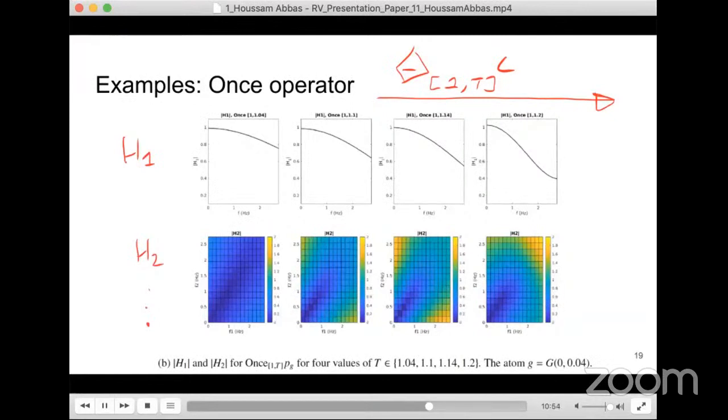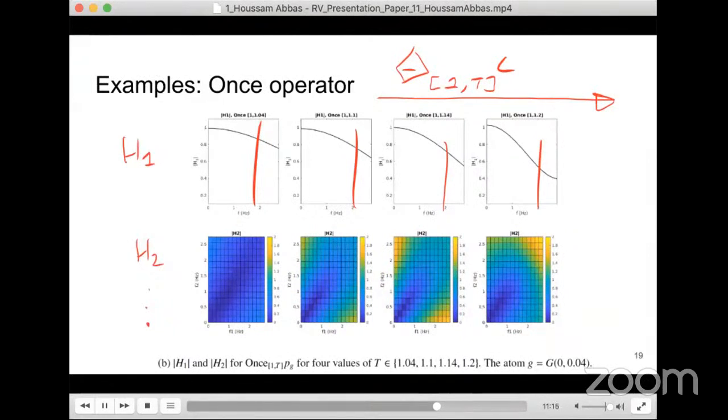So you can see that as you move from left to right, as you increase the width of the interval for this formula, it starts suppressing the higher frequencies more and more, right? So the first order response suppresses higher frequencies as you increase the width of the interval, suggesting that it is looking at low frequency content more.